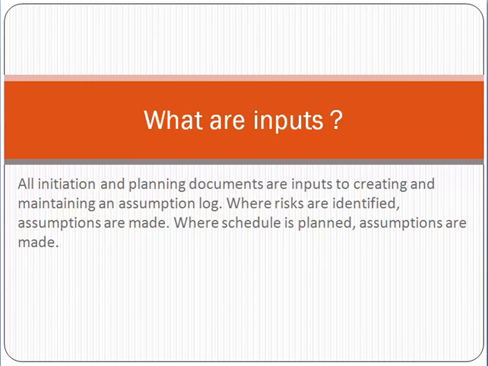And remember one thing, that it is not necessary that assumptions would always be true or correct. Assumptions can be incorrect. If assumptions become incorrect, it will definitely become a risk for your project. It may negatively impact the schedule and cost of your project.